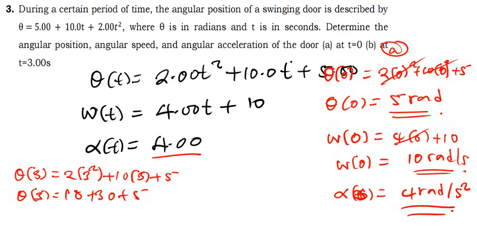So here we had forgotten t, right? So 18 plus 30 is 48, plus 5 is 53. So our theta becomes 53 rad.